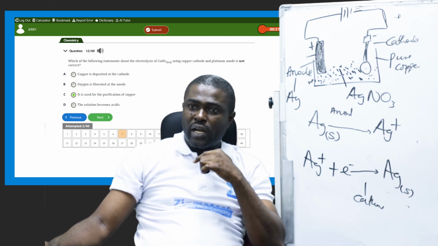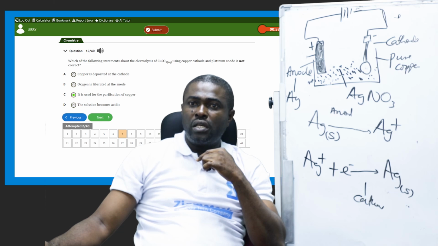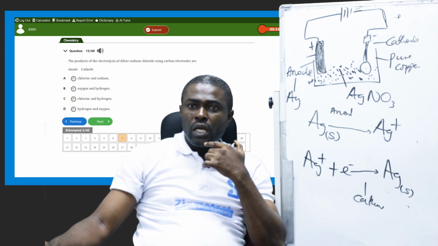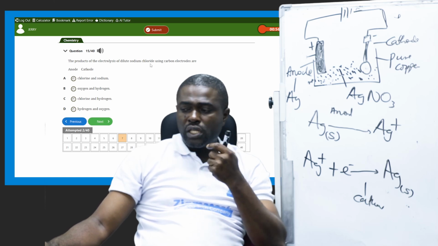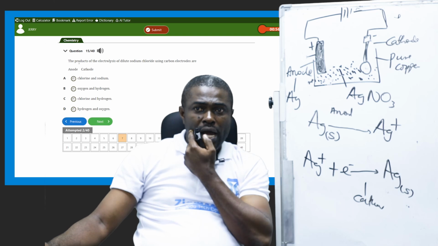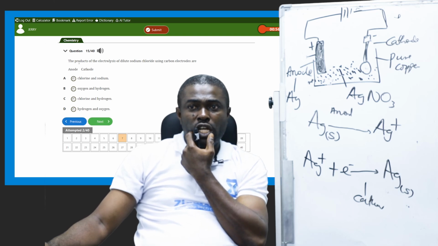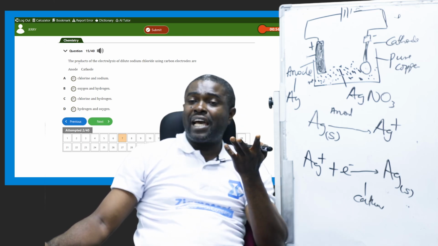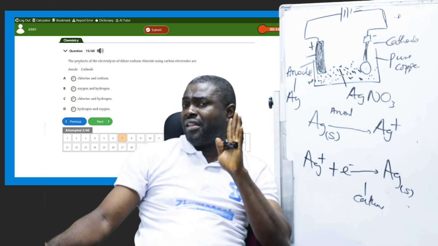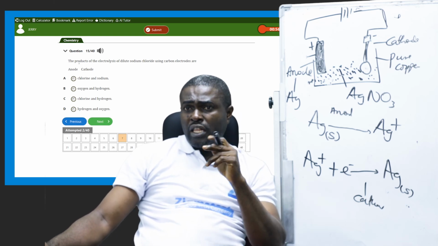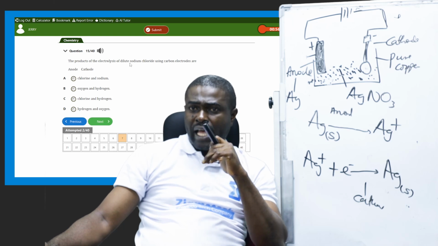We are moving. Let's look at another question, number 15. The product of the electrolysis of dilute sodium chloride, we did this, using carbon electrodes. You can see the electrodes used are inert, so they are not going to have any negative effect on this process. Now we are looking at sodium chloride, which is dilute.